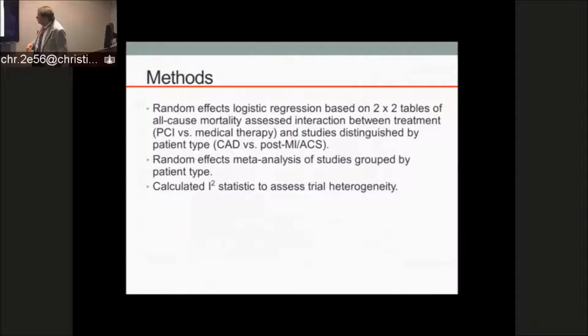So what I did, as I already mentioned, is I took the data, separated out the studies with the different patient types, and did an analysis with those, looking at the interaction between patient type and treatment, the same thing that they did.